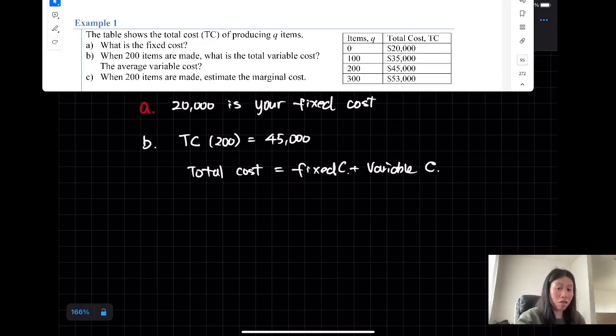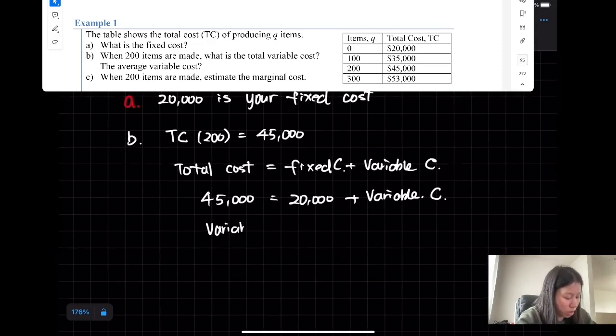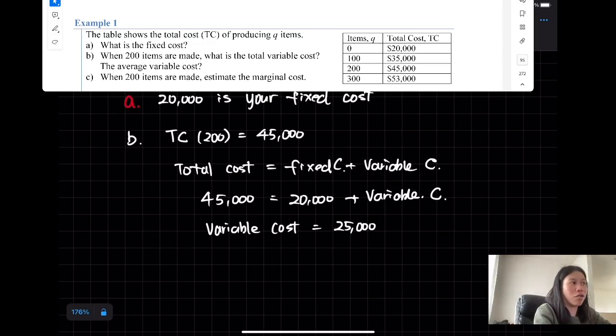So the fixed cost from the previous question, we already found out is equal to 20,000, and your total cost is 14,500. So that means your variable cost should be your total cost subtract your fixed cost. So the variable cost in this case is going to be 25,000. And then they ask you, what's the average variable cost?